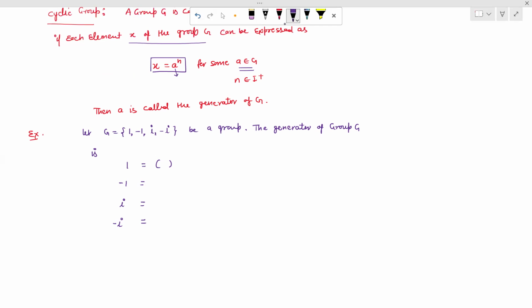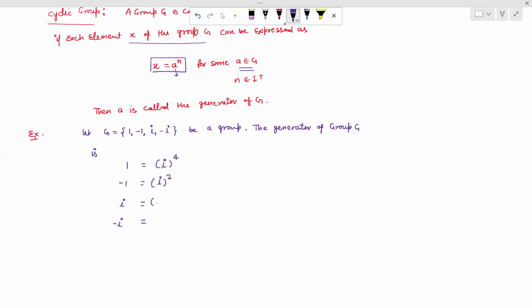Now we see that we take iota as a generator. What power of iota gives us 1? Iota raised to the power 4. Iota square equal to minus 1, or minus 1 into minus 1 equal to 1. Second is minus 1: iota square equal to minus 1.